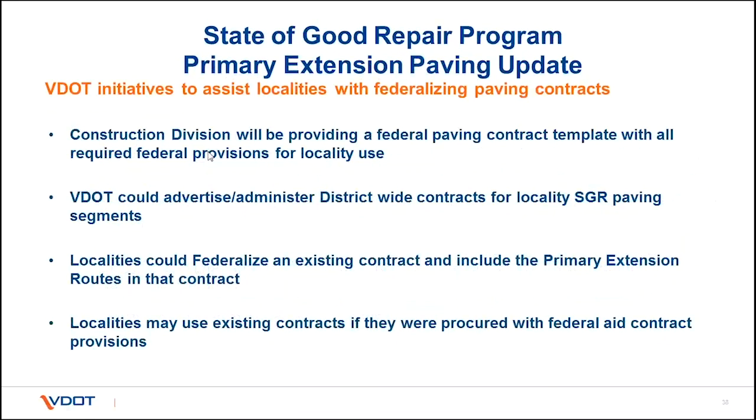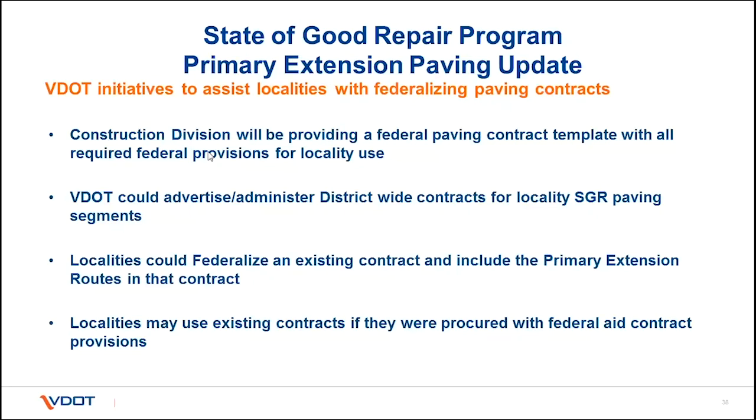All right, the next thing we're going to go over is the actual contract administration component, and that could be anything from the procurement and or administration of the actual work to be done. As had been indicated, we worked internally and with some external stakeholders to identify opportunities to help either bridge the gap or provide another outlet as it pertains to federalizing these paving contracts.